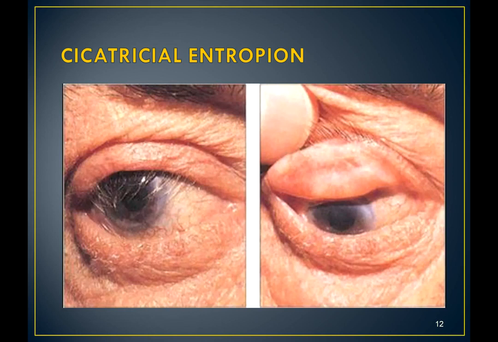In the next slide, slide 12, you are seeing on the left picture there is inversion of the upper lid margin causing rubbing of the lashes against the cornea. And when we avert this patient as seen in the picture on your right side, the same patient, you see a horizontal fibrous white line on the tarsal conjunctiva as a result of chronic conjunctivitis, most commonly due to trachoma. So this fibrous tissue pulls the eyelid margin vertically and inverts it, causing cicatricial entropion.